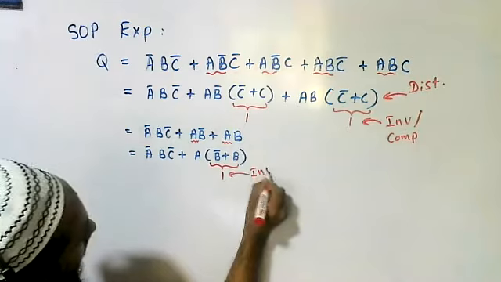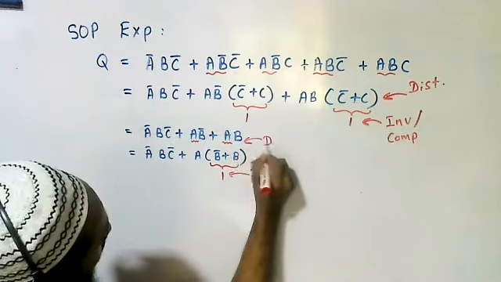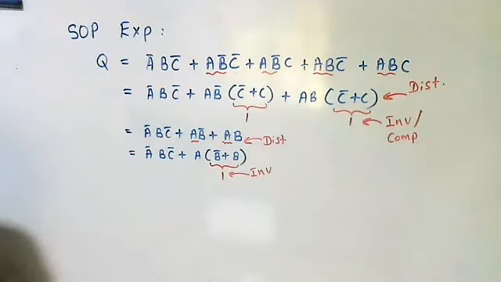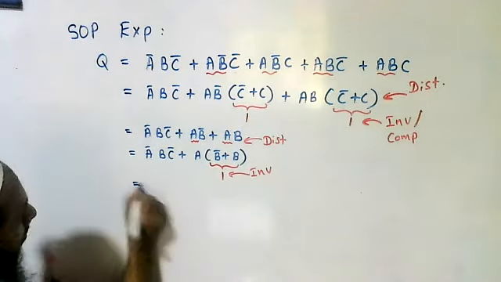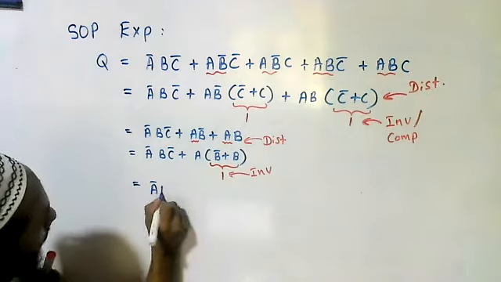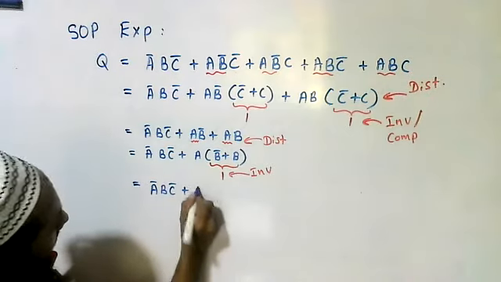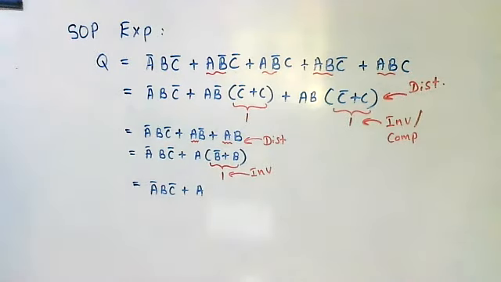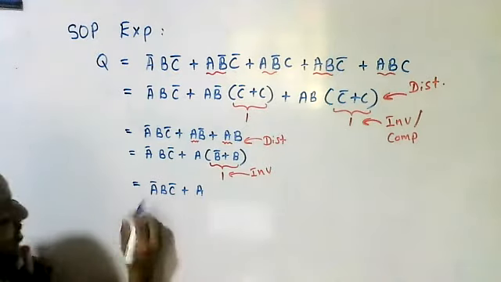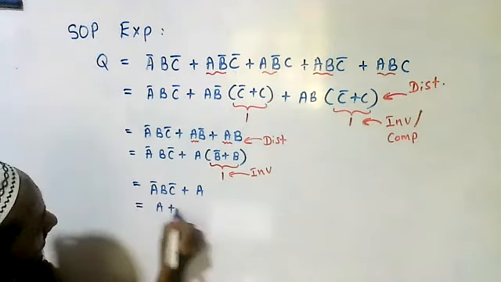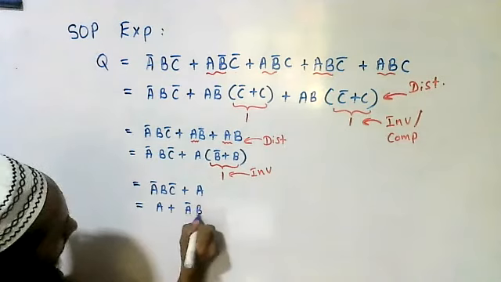Here inverse law, here distributive law. Then we are getting the expression like this: A bar B C bar plus A. So here I can change this to A plus A bar B C bar.